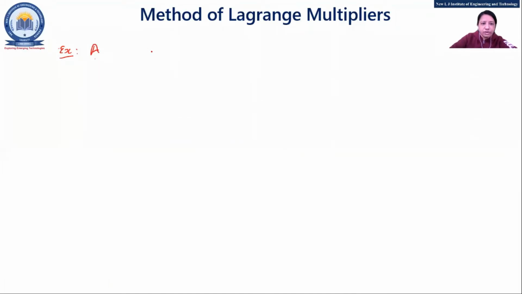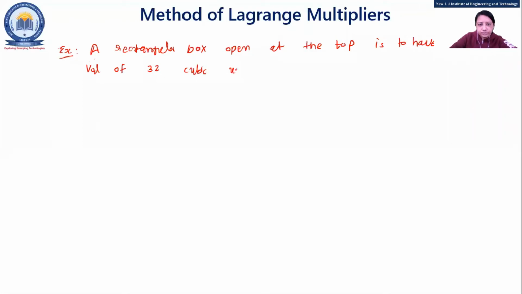A rectangular box open at the top is to have a volume of 32 cubic units. So one rectangular box is open from the top side, and its volume is that.